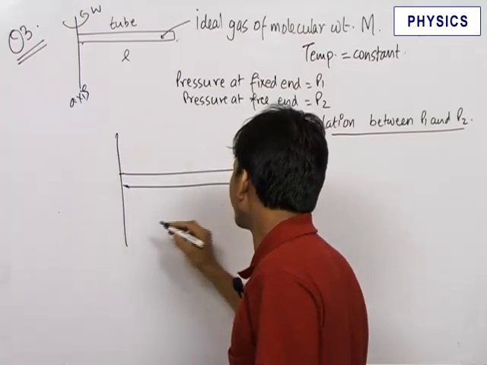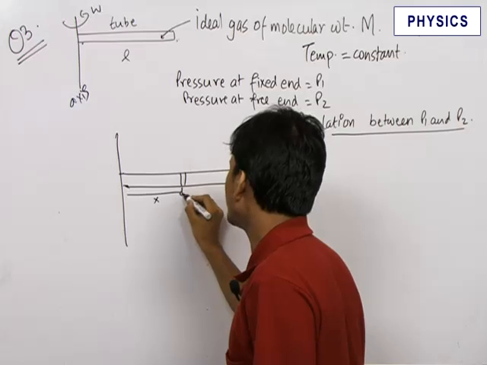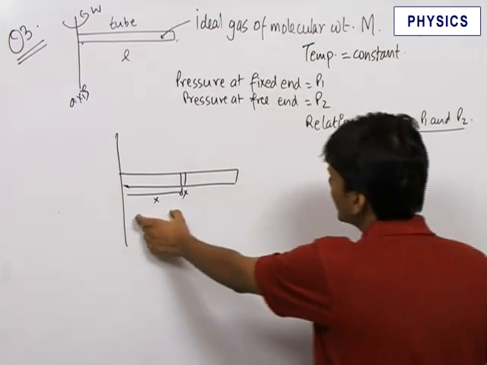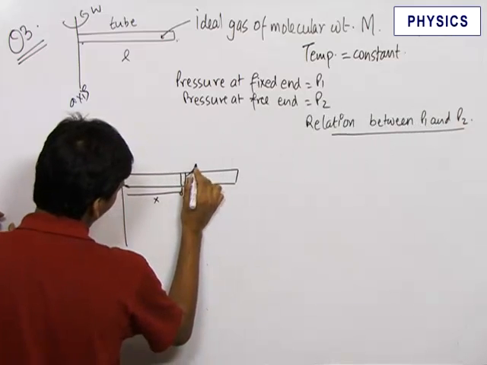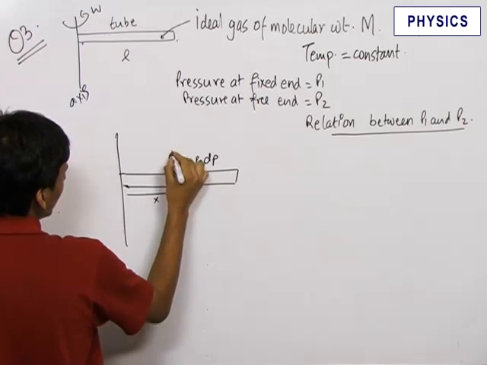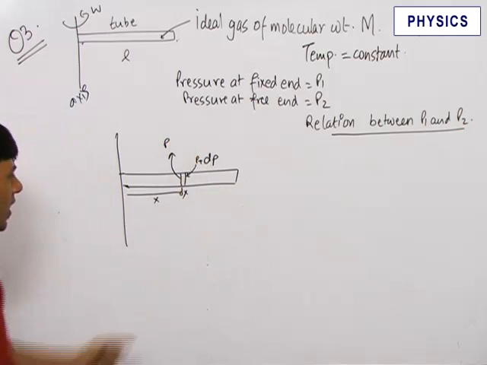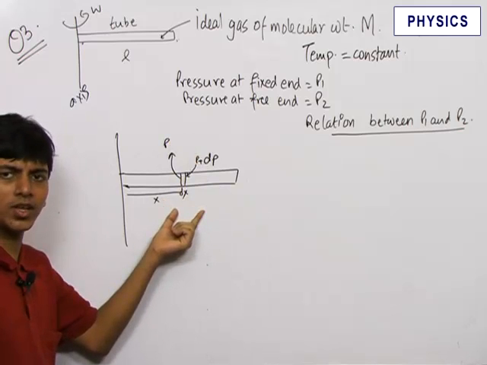This is the tube. Let us consider a column of gas over here of thickness dx at distance x from the axis. Let the pressure at this end be P plus dP and the pressure at this end be P. This is a very standard way, and you have to do this kind of thing in many questions.